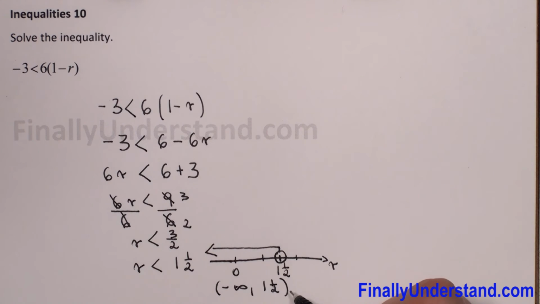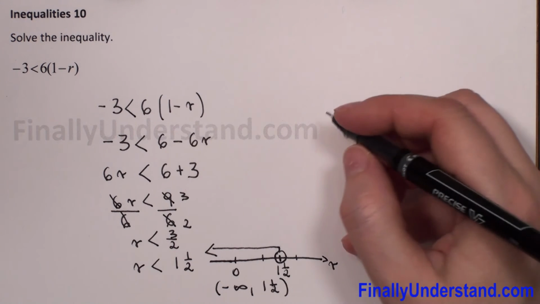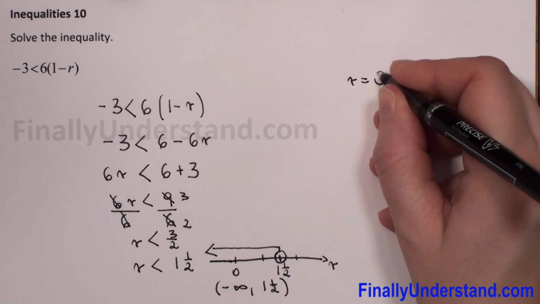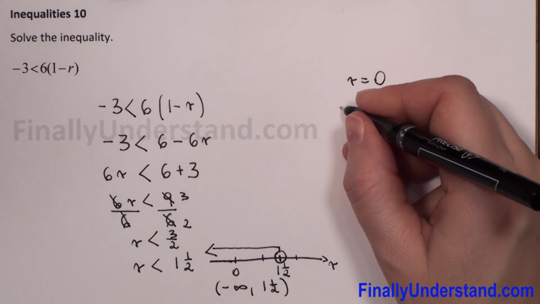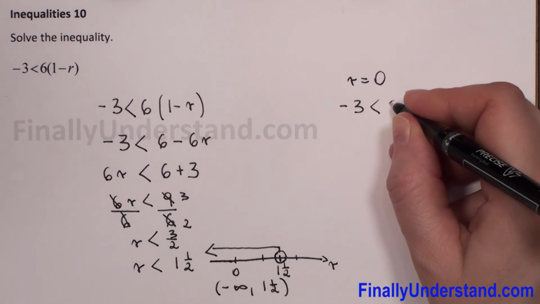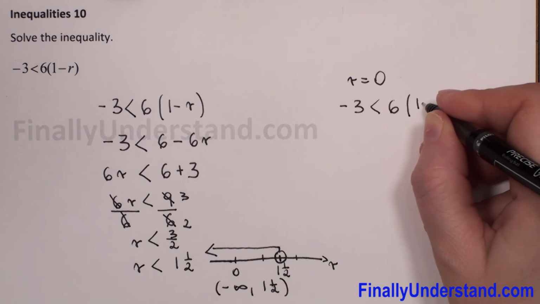Now we can check if it's correct. I will choose one number from this interval, it can be 0, because it's easy to calculate. So r is 0. Let me copy this inequality. Negative 3 is less than 6 times 1 minus r.